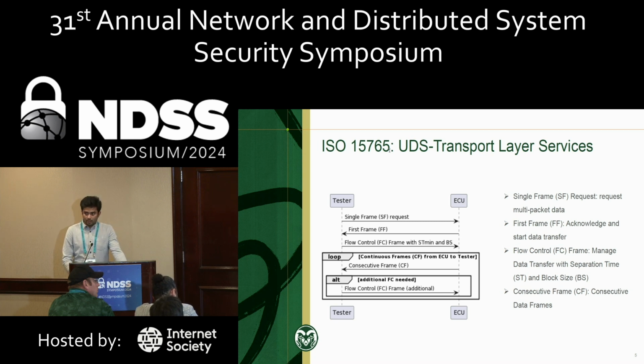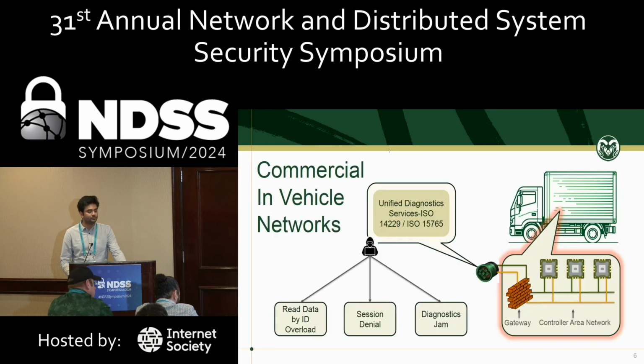It usually starts out with a single frame, followed by a first frame, followed by flow control frames, which allow the tester to basically control the communication between the ECU and the tester. And then consecutive frames and additional flow control frames are used to control transport sessions for multi-packet data transfer.